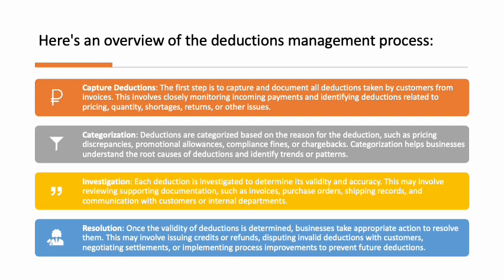Once the validity of the deduction is determined, businesses take appropriate action to resolve them. This may involve issuing credits or refunds, disputing invalid deductions with customers, negotiating settlements, or implementing process improvements to prevent future deductions.